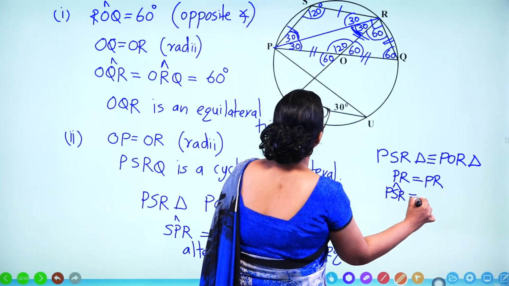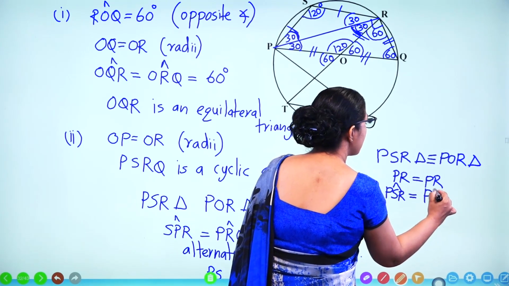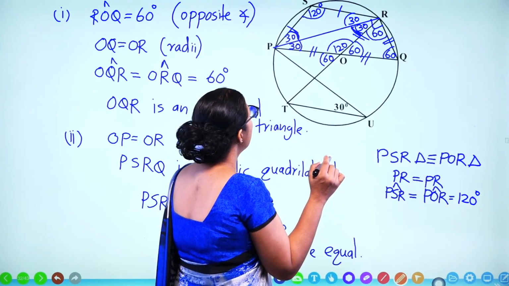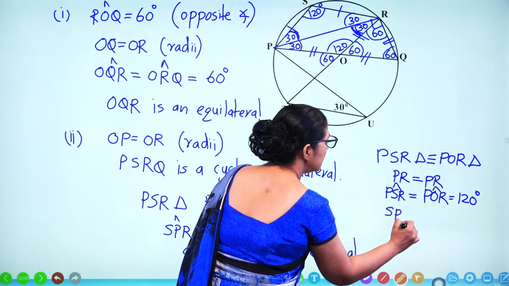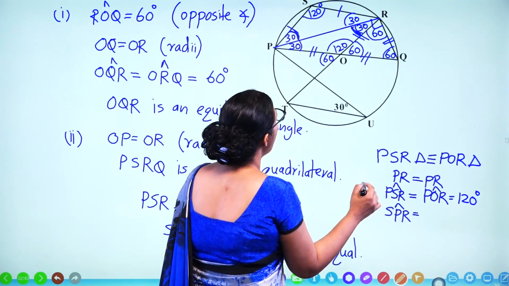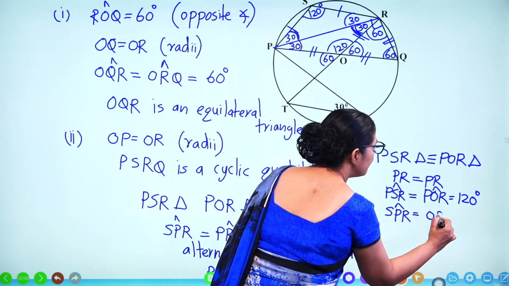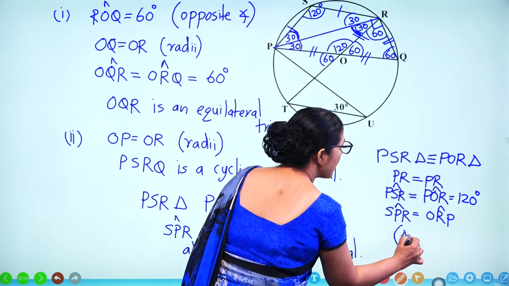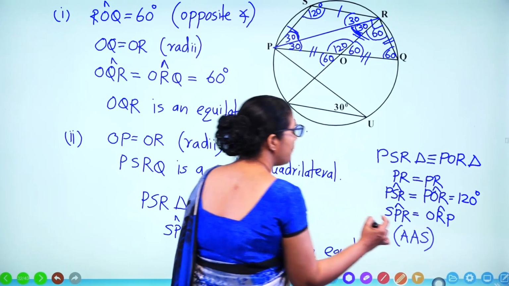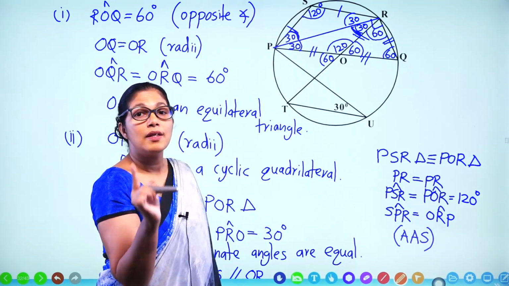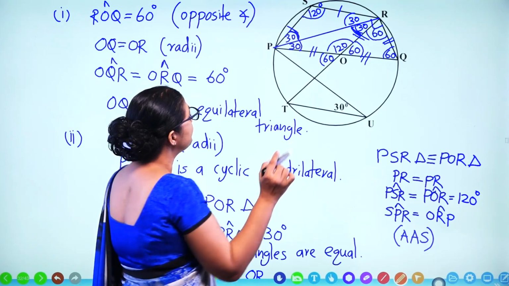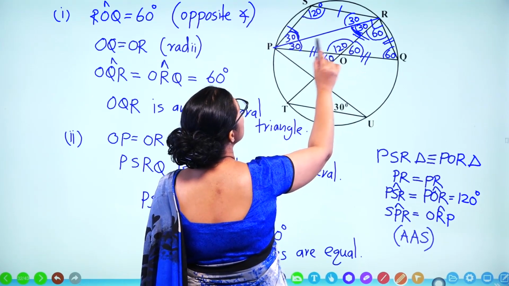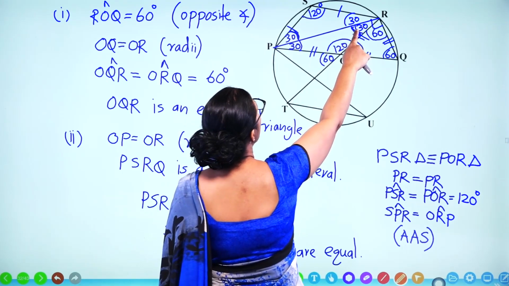PSR angle, that's 120, is equal to POR angle. And we can take SPR angle is equal to ORP. Then we can say these are congruent because of angle, angle, side. That means congruent elements are equal. So corresponding elements opposite to this angle.